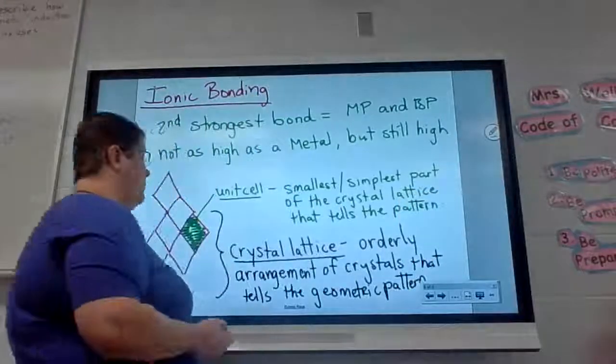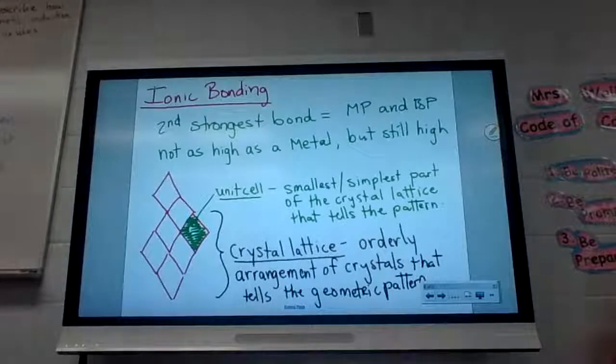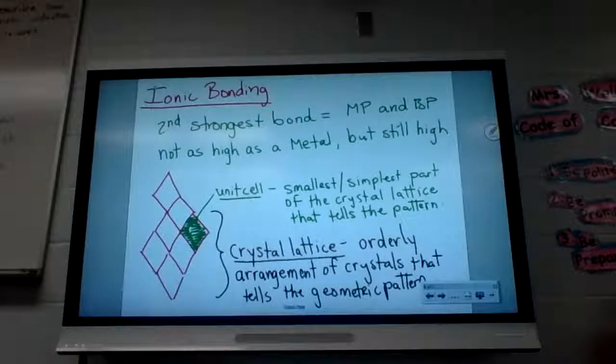For example, if you looked at my unit cell, you should be able to tell that's a diamond. So if you saw my diamond unit cell, you should know everything else would be a diamond. If it was a cube, I could have drawn one cube. I couldn't draw a crystal lattice of all cubes, which is why I did not draw a cube. They'd all have been squares. So if you saw one cube, you'd have known everything else in the crystal lattice would have been a cube.